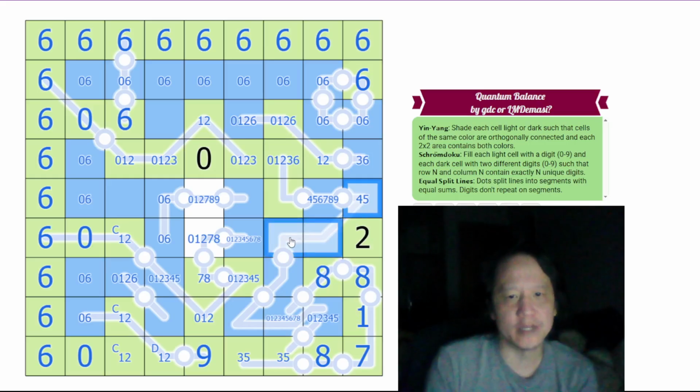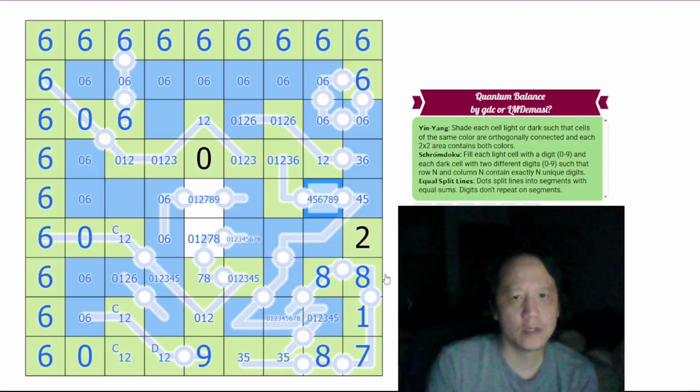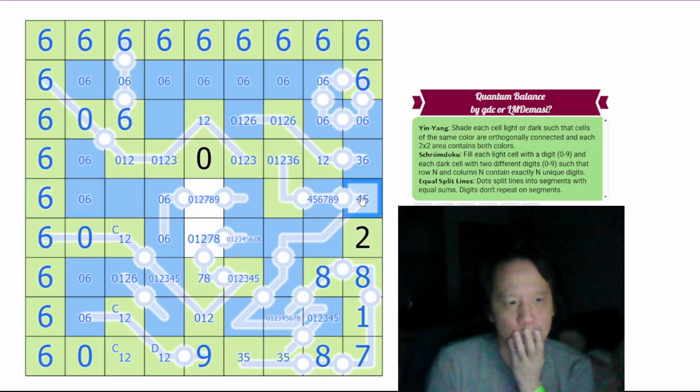So this is at minimum 6 unique digits, which adds up to 15 at least. So we have 4 and 5 here. Okay. That means we have 0, 6, and 4 and 5 here.